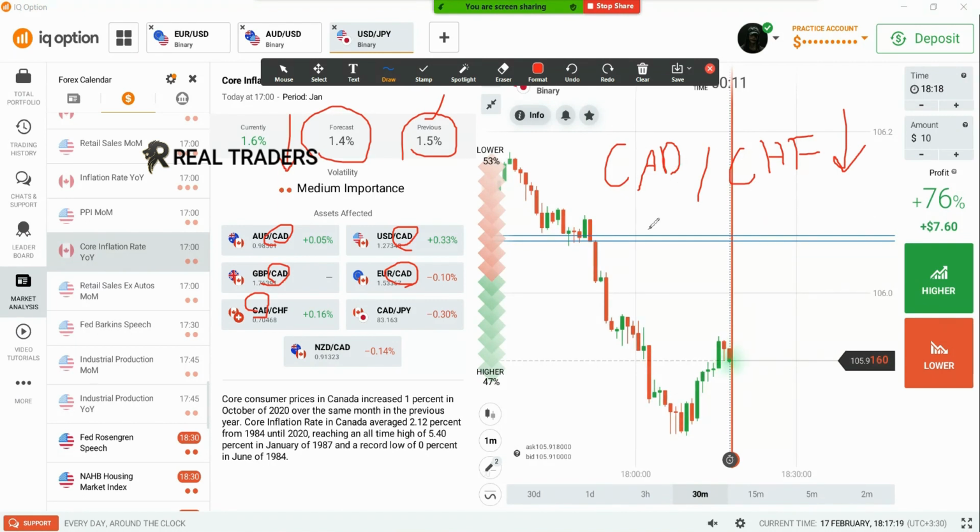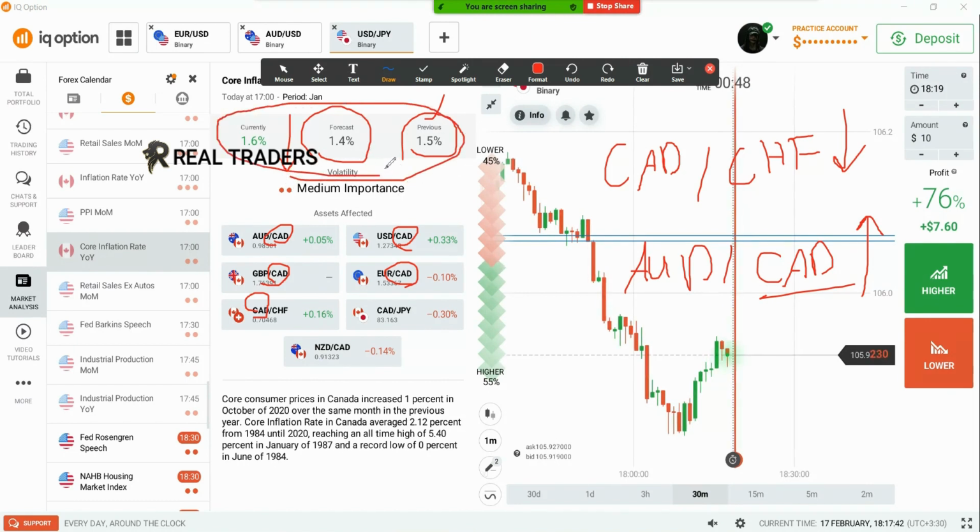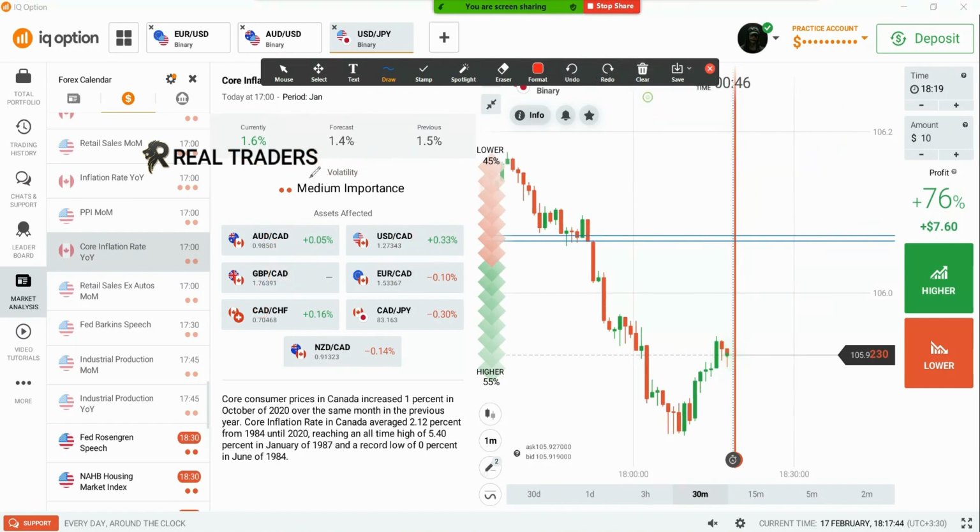But when the CAD is in second place, like AUD CAD, it will be opposite. When the CAD is in second place, the price will go up. And always look for the news that has the previous and forecast, because then you know whether the price will go up or down. Suppose the forecast is higher, like 1.8, the forecast is higher, right?